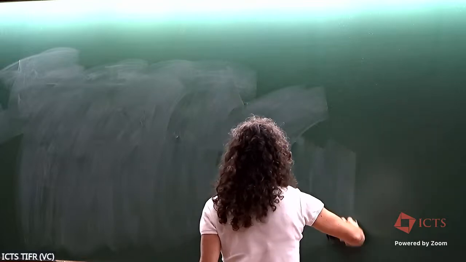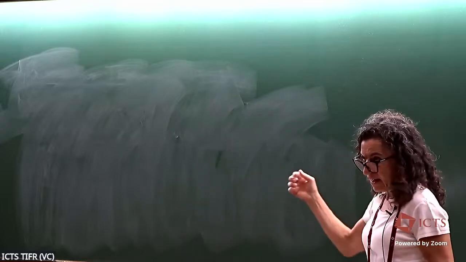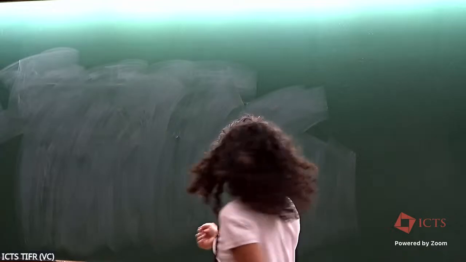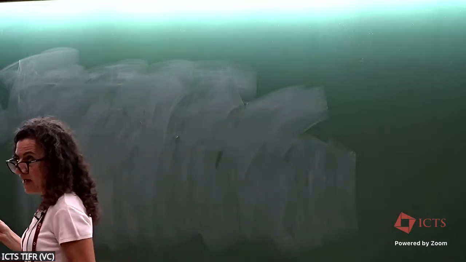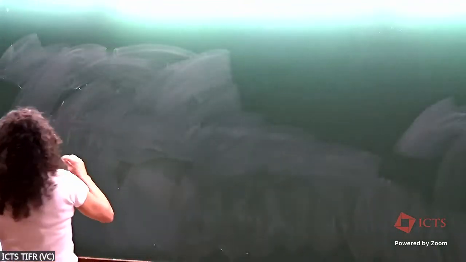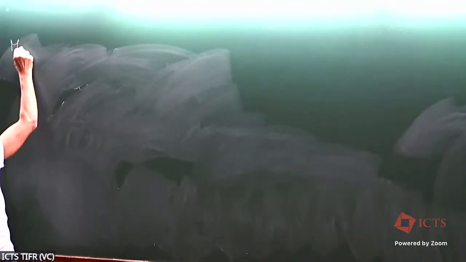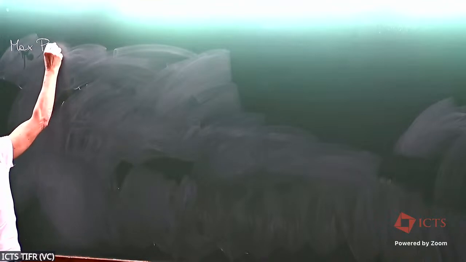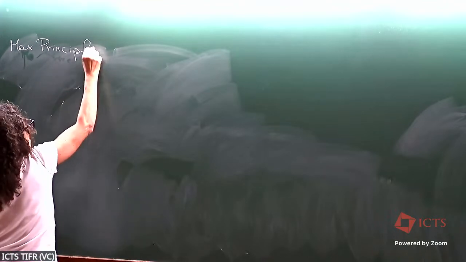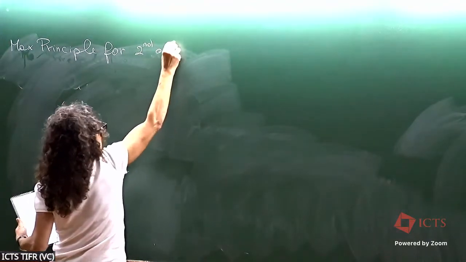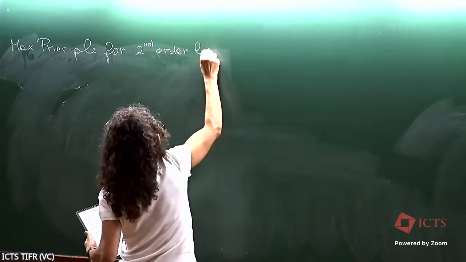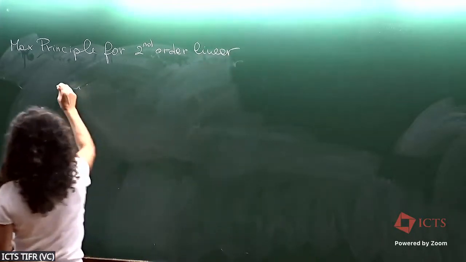You see, the equation that I wrote down before for the minimal surface equation is not linear, of course. So you need to work a little bit more. Okay, so second order, let's say, maximum principle for second order linear elliptic operators.